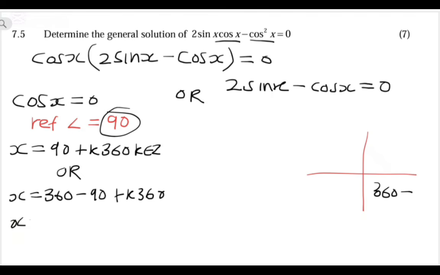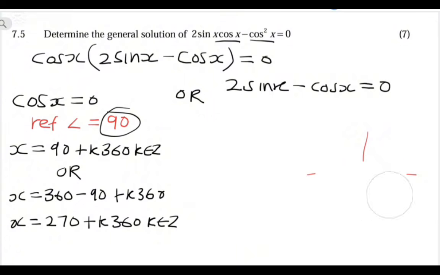So x equals 360 minus 90, which is 270, plus k 360, k an element of integers. So this is our first solutions, so let's move on to the other side and try to solve the other side that we have there.